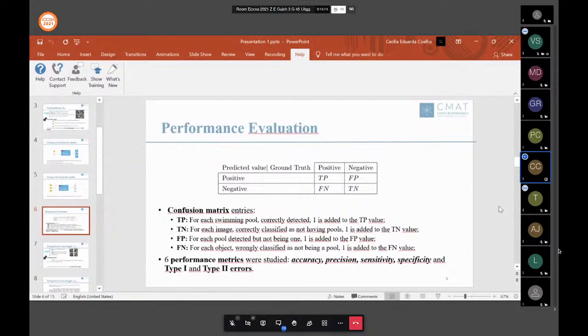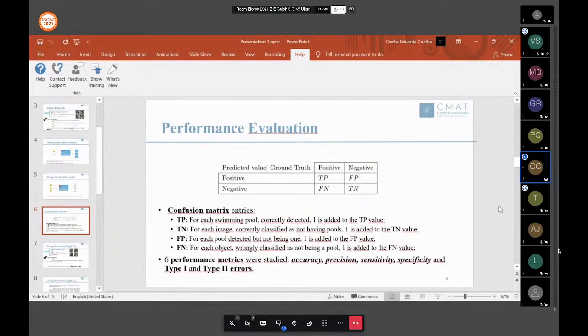True negative, when a model doesn't detect an object as being a swimming pool, and it actually is not. False positive, when a model detects an object wrongly as being a swimming pool, and false negative, when a model wrongly classifies a swimming pool as not being one.